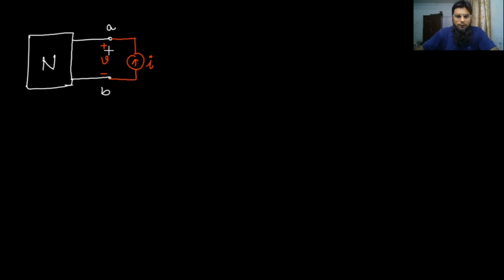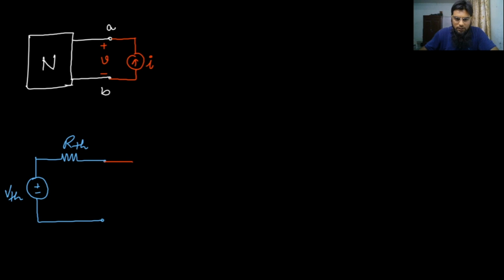and if this network N is replaced by a voltage source, which we are calling VTH, in series with a resistance RTH, we do the same thing here also. We calculate the current and voltage relationship in this network.